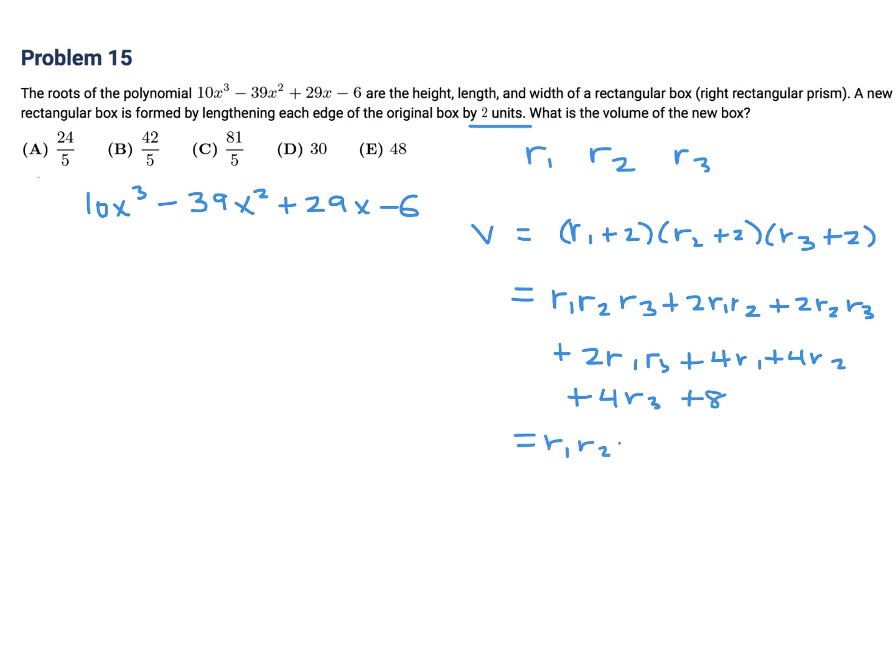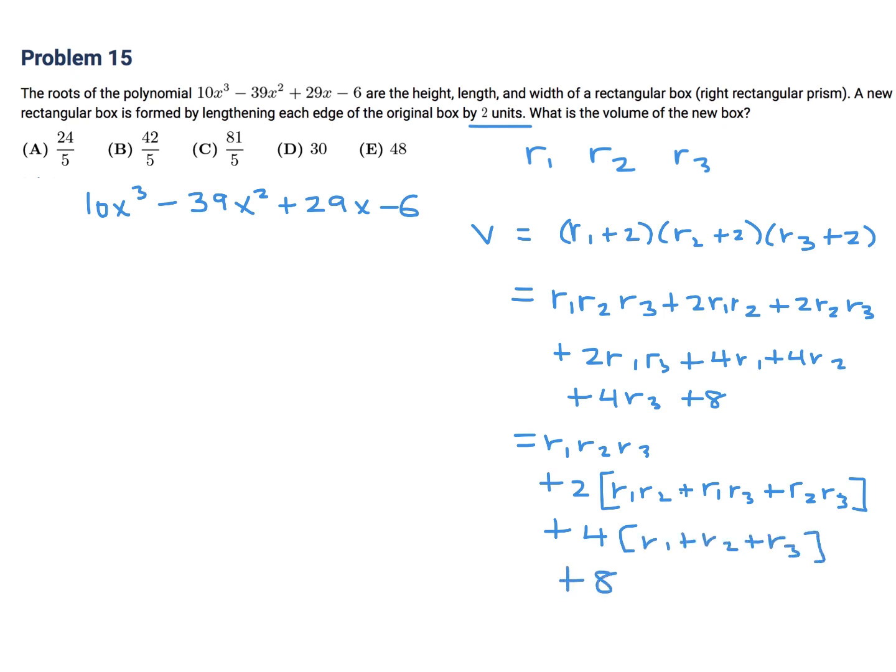R1 R2 R3 plus 2 times R1 R2 plus R1 R3 plus R2 R3. Yeah, R1 R2, R1 R3, R2 R3. And then we got 4 times R1 plus R2 plus R3. And then we finally got that 8 left over. Okay, so that's about as far as I'm going to go there.